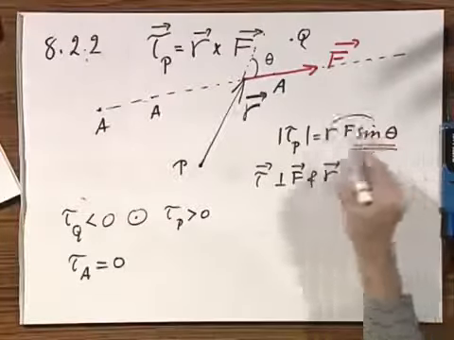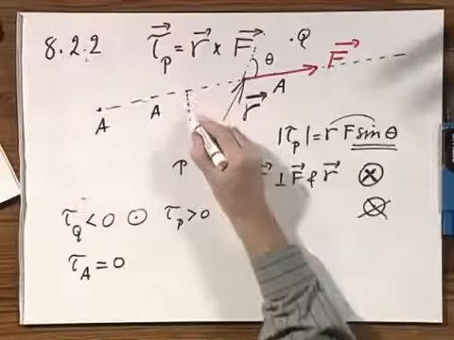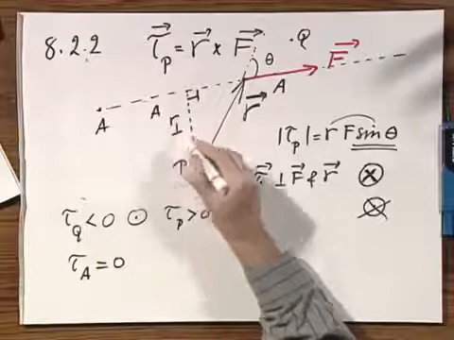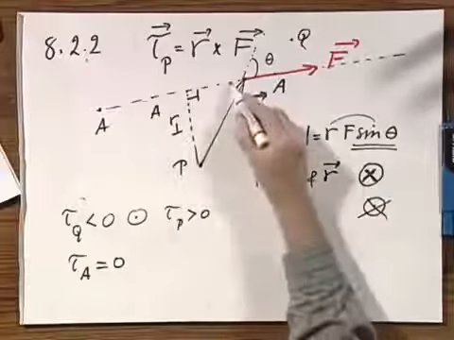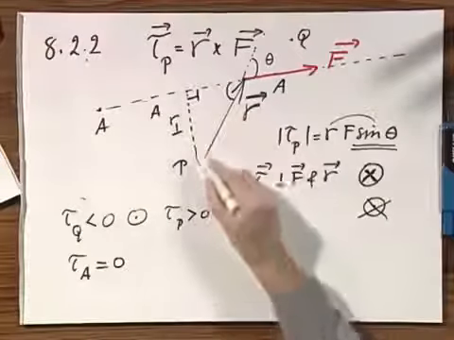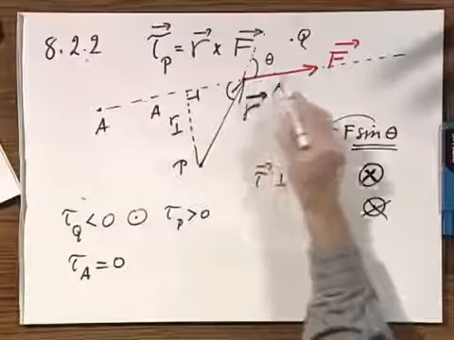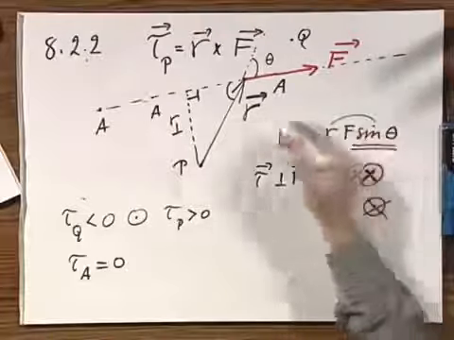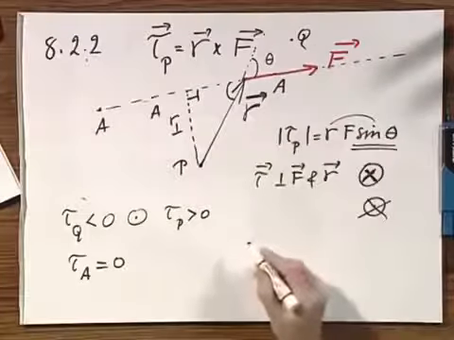Because r sine theta, that is this distance, I often call r perpendicular. You should immediately convince yourself that this is r sine theta. And so for all these points A on this line, r sine theta equals 0, and so the torque is 0.